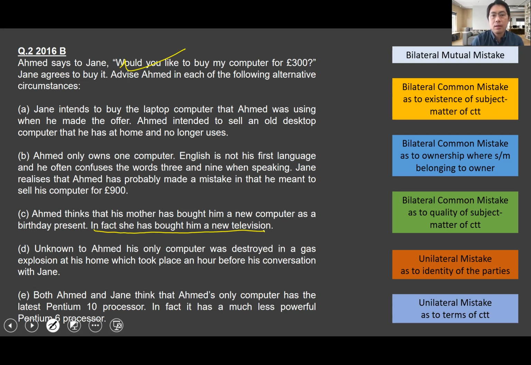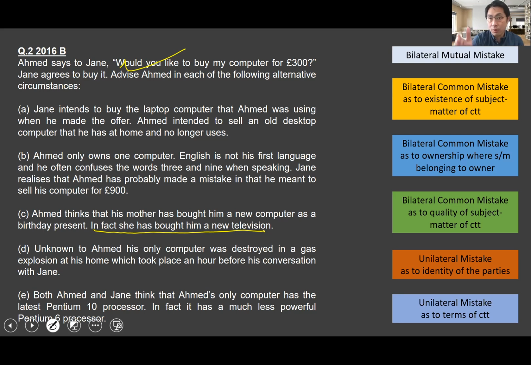Now, so again, when you look at this, you would already see that this involves the issue of existence of goods. In that Ahmad is selling something that he thinks he has, a computer, but in fact, he does not have a computer. It's a mistake as to existence of goods.